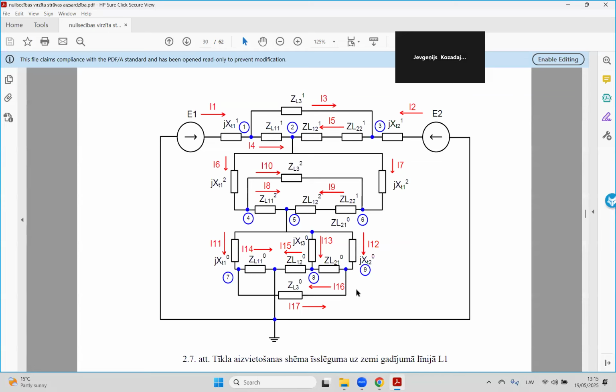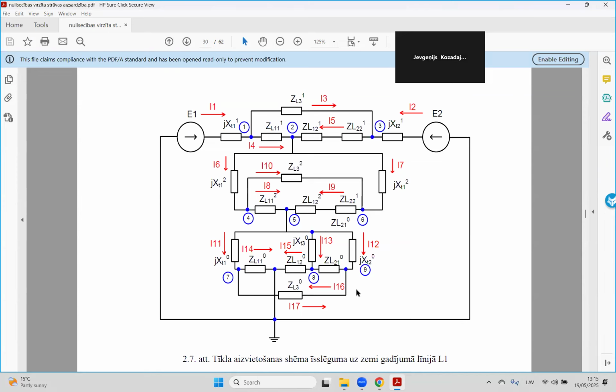What is important for calculation and for your information? First of all, there are some laws about how we draw the schemes. So what is the difference in schemes between positive, negative, and zero sequence? The basic difference: you see that in the negative sequence, we don't have electromotive force.